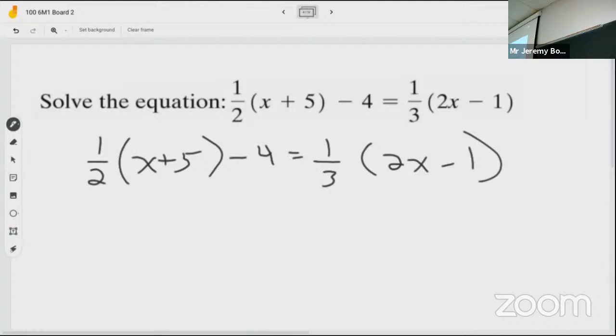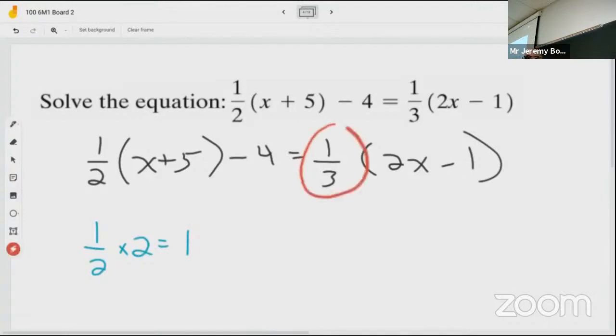And if I multiplied this left-hand side by what would it get rid of the 1/2? A 2. And the reason being is that 1/2 times 2 is just equal to 1, right?